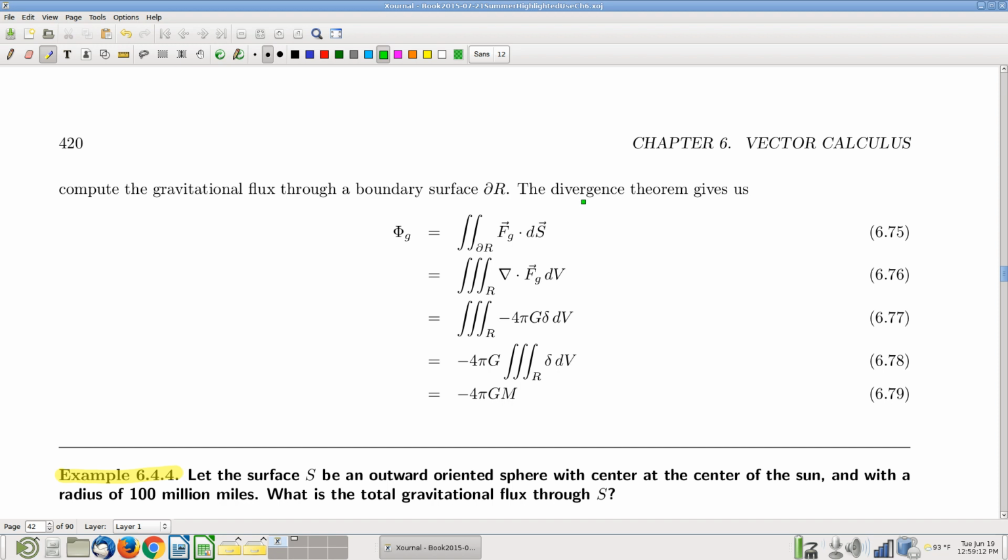So here's a following calculation. Take that divergence formula that we just derived, and take a triple integral of both sides of that equation. We knew that divergence was this constant times mass density. Taking a triple integral of both sides, check it out, you have here a triple integral of divergence. Well, that's flux.